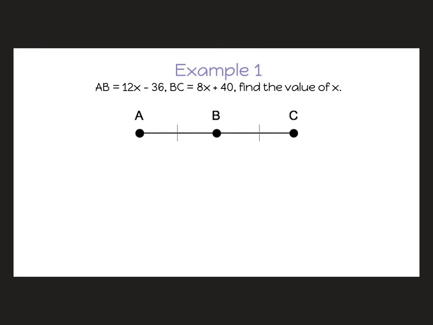So for our first example, it says AB is 12x minus 36. BC is 8x plus 40. Then it asks us to find the value of x. Again, since I have these marks, I know that these two segments, AB and BC, are the exact same. B is the midpoint, so I'm just going to set them equal to each other.